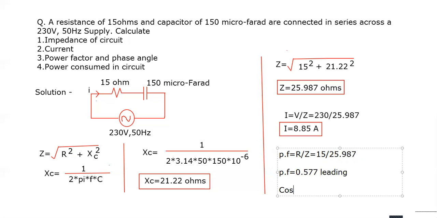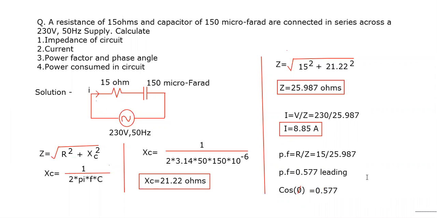Now phase angle, we know power factor is cos of phi. Cos of phi is equal to the power factor, and the value obtained is 0.577.